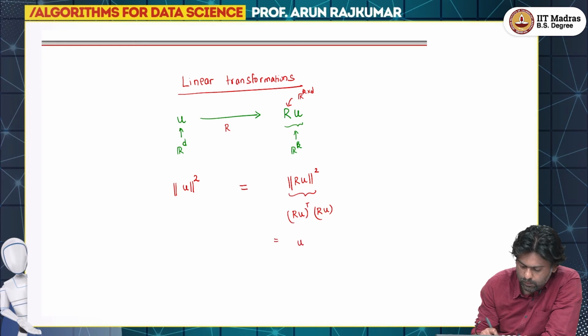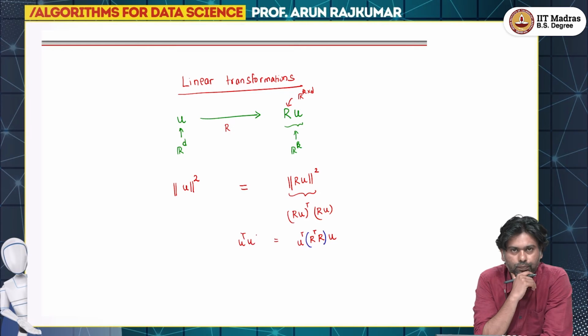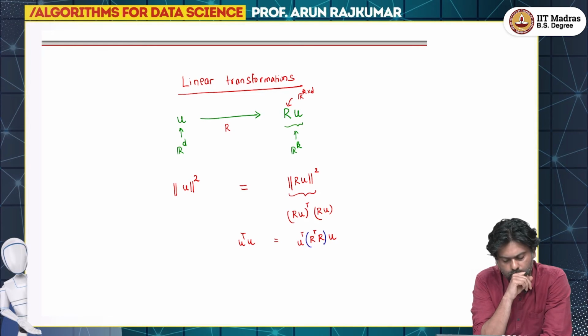So this is just u transpose R transpose R u, which means that this is some matrix sitting inside. On the left hand side we have just u transpose u. Now I want this to hold for any vector, right? So u is arbitrary. I pick an arbitrary d-dimensional vector, and I want u transpose u to be the same as u transpose R transpose R u.